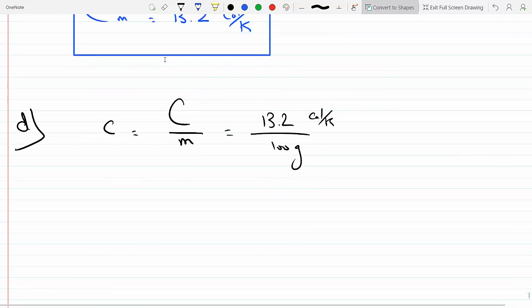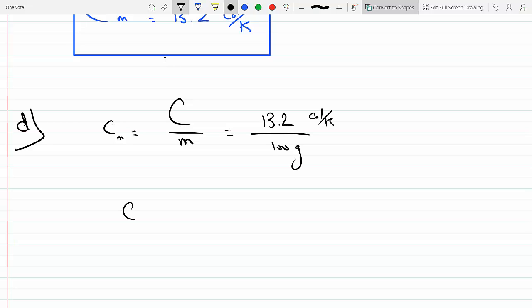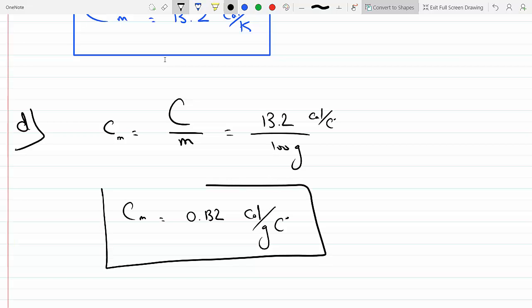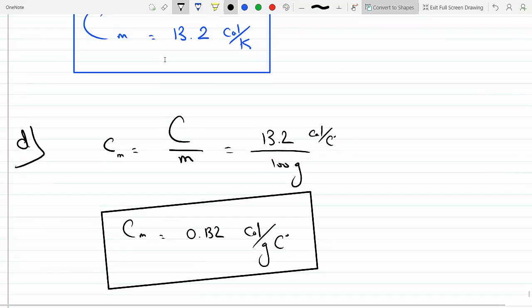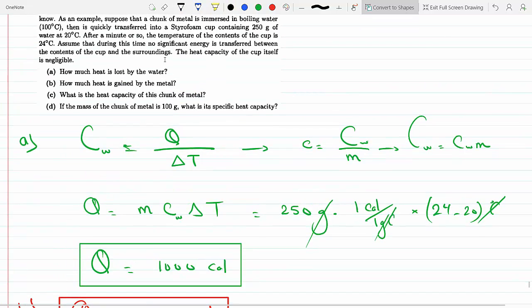And so c for the metal is equal to 0.132 calorie per gram Kelvin or Celsius. Either way, we used Celsius here. The change would be the same, so it doesn't matter. This would be the specific heat capacity of the chunk of metal. This concludes this problem.